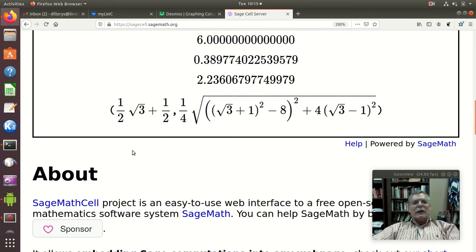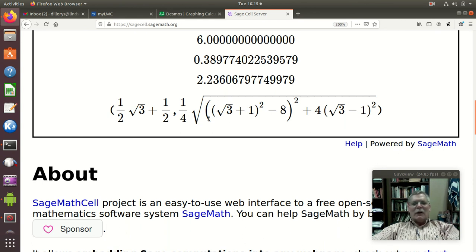Now the parentheses look stupid because they're really small, but there are actually ways to fix that. I don't remember them off the top of my head, but there we go. There is the answer in all its glory, and I would definitely have not come up with all of this stuff over here very easily.